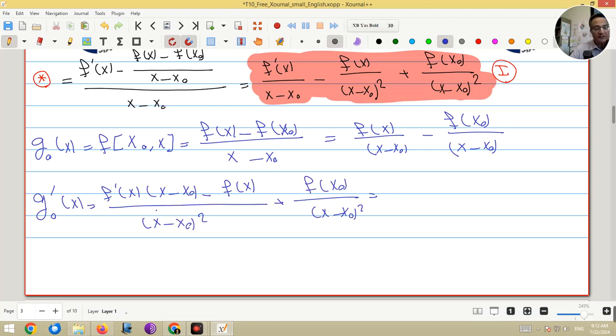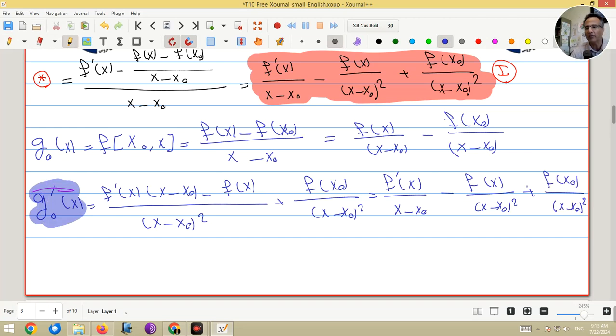If you split the first fraction and cancel x minus x0, you will get f prime of x over x minus x0 minus f of x over x minus x0 squared plus f of x0 over x minus x0 squared. So what I proved is g prime 0 of x equal to this one. Call it number 2.